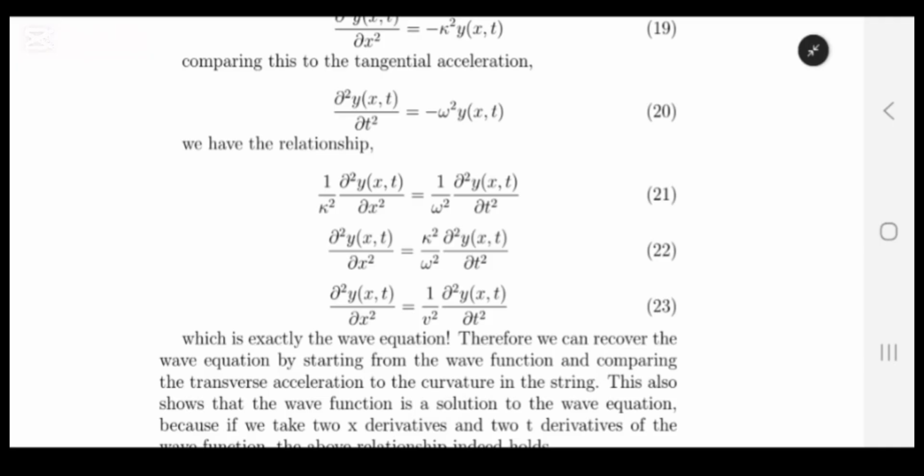What about if we were to do this in a different direction? What if we had a string hanging from the ceiling and it was oscillating towards and away from you in the z direction? Well then, we could still make a wave equation where z would be our function, that's the direction of oscillation, y is the direction of travel, up and down.